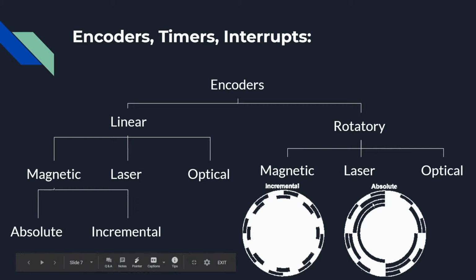Whereas an absolute encoder has binary encodings that would actually tell us at what angle it is. So if only this one is receiving a signal, that means it's at some angle. And if these two are receiving it, it's a different one.